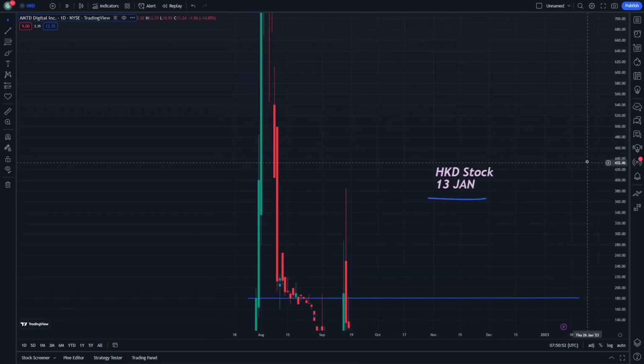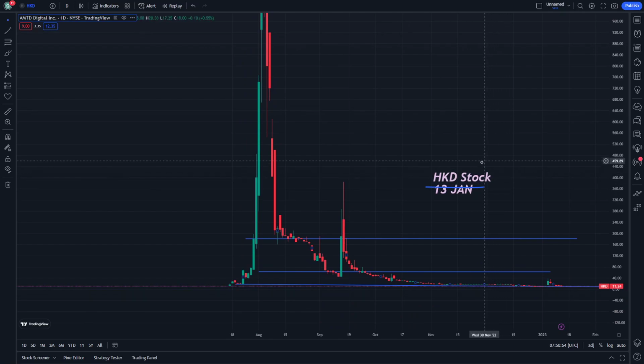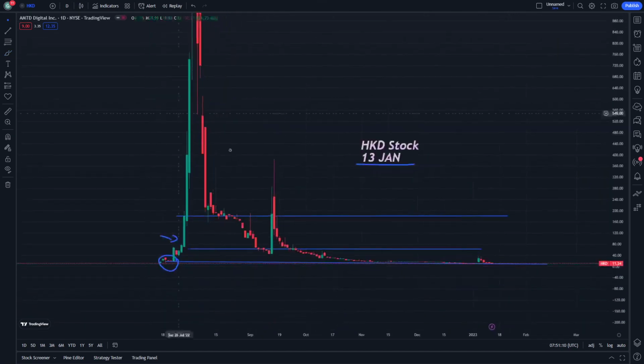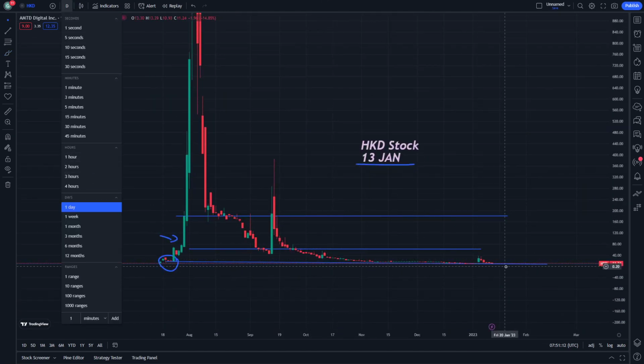So we can take the start of HKD from this level. We were on 2022, on 20 July, on Wednesday, so we can go to Thursday here, and it started to increase with a big spike.